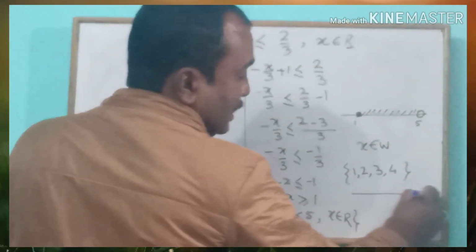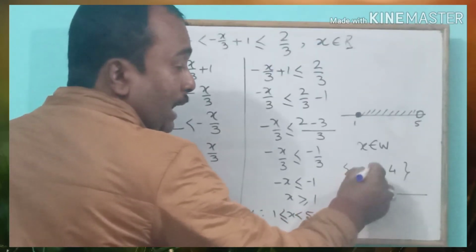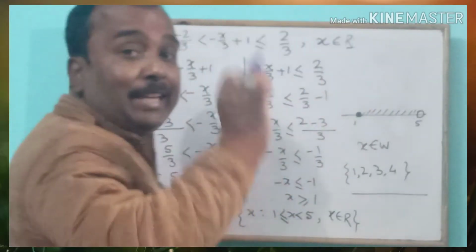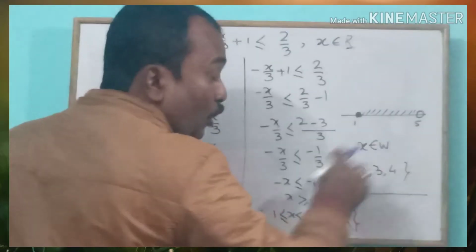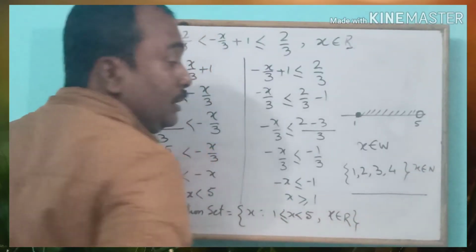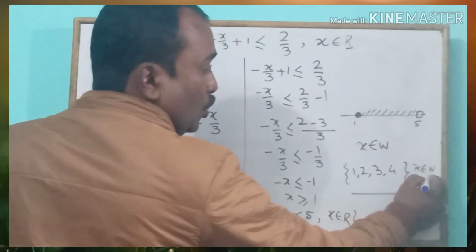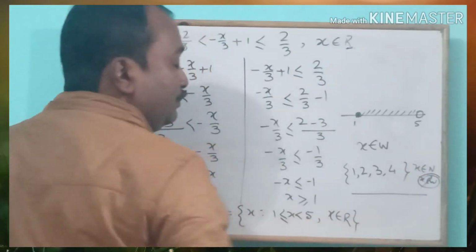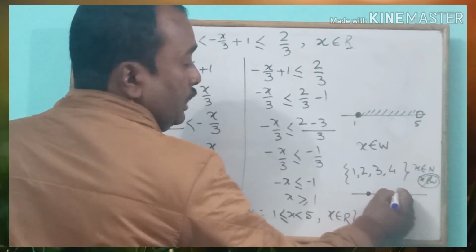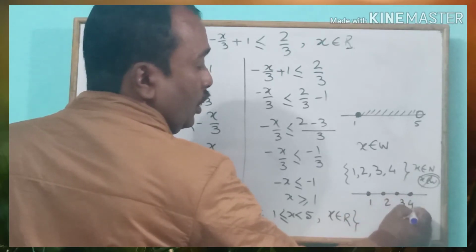Now, how to represent this on the number line? In this case, they have distinct values. They do not have infinite values. They have 4 distinct values when x belongs to natural numbers, or x belongs to whole numbers. So here we individually put 4 dots and write 1, 2, 3, 4.